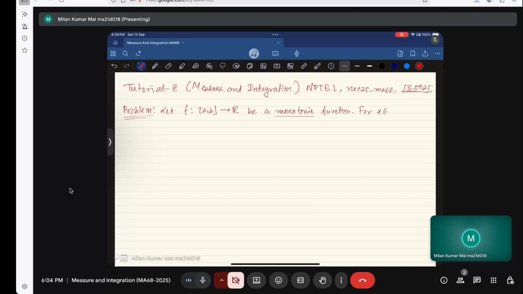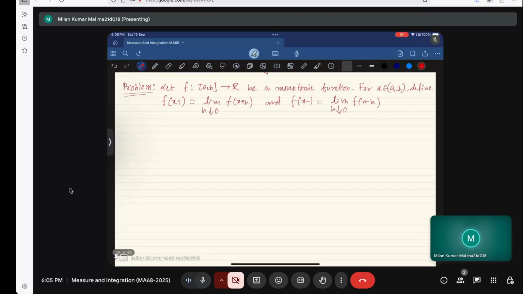For x belonging to the open interval (a, b), define f(x+) equals the limit as h tends to 0, meaning h is decreasing to 0, so h has to be positive, of f(x+h), and f(x-) equals the limit as h decreases to 0 of f(x-h). Okay, so this is how it is defined.